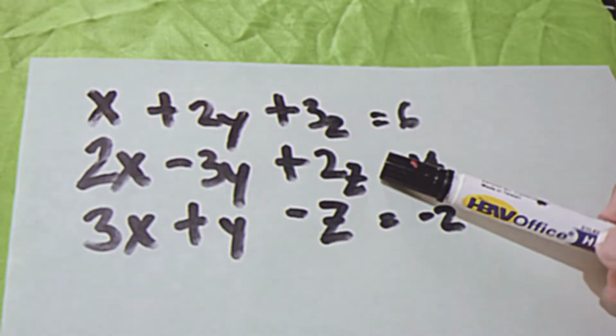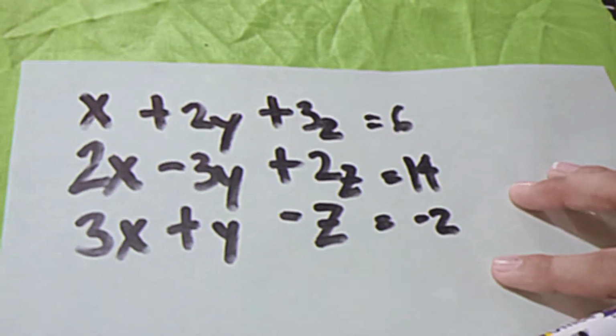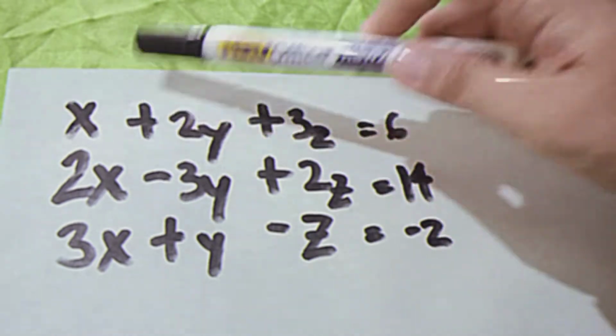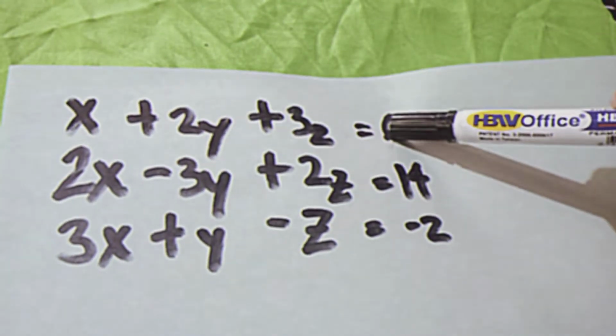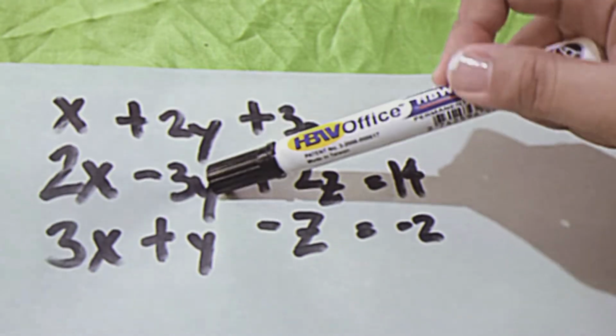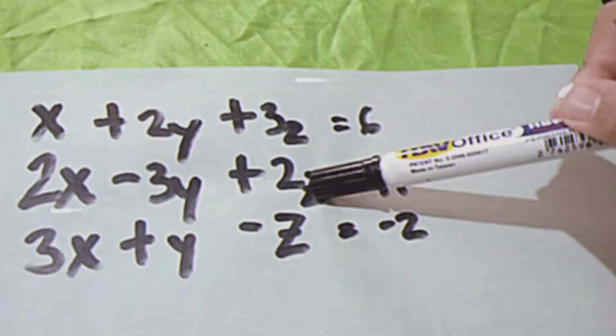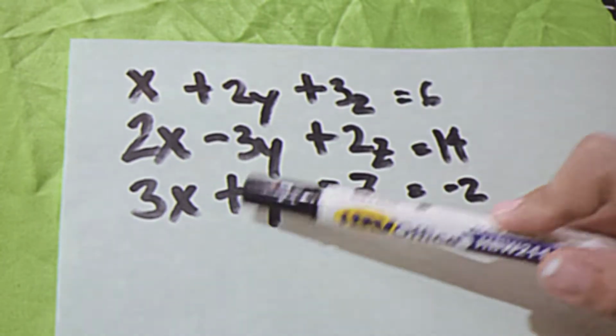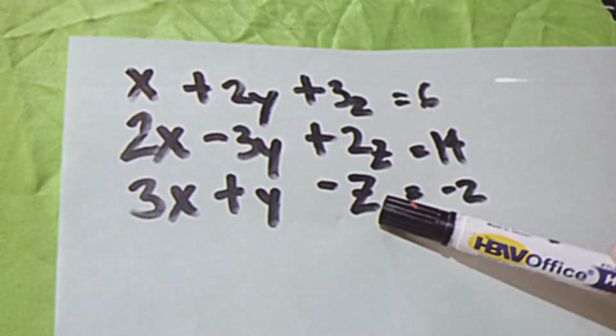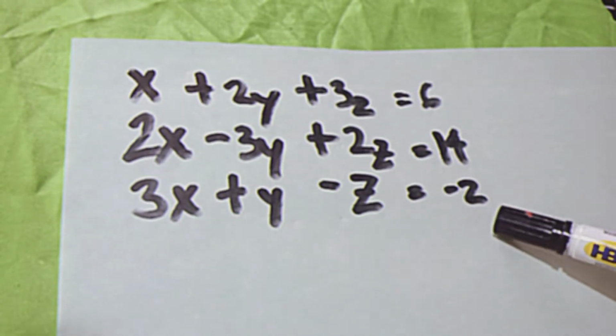So here are the three equations. x plus 2y plus 3z equals 6. 2x minus 3y plus 2z equals 14. 3x plus y minus z is equal to negative 2.